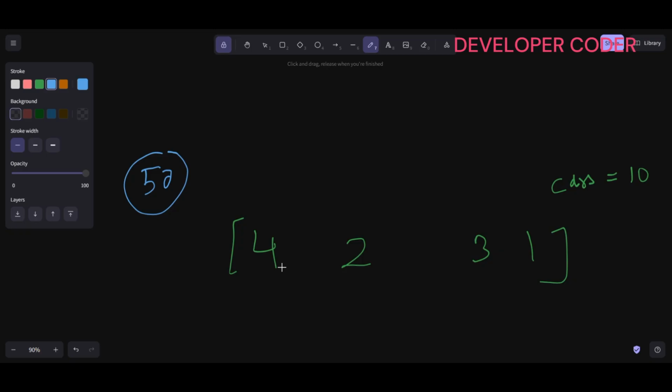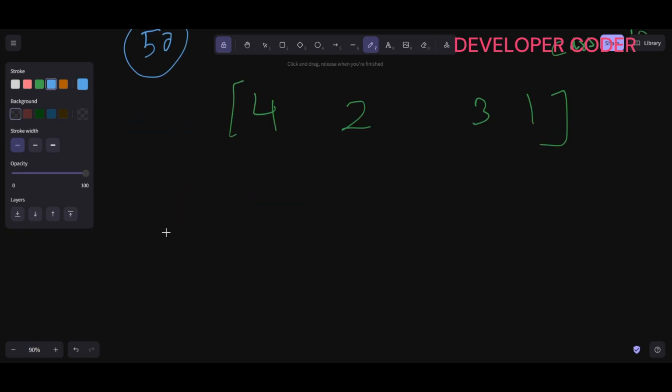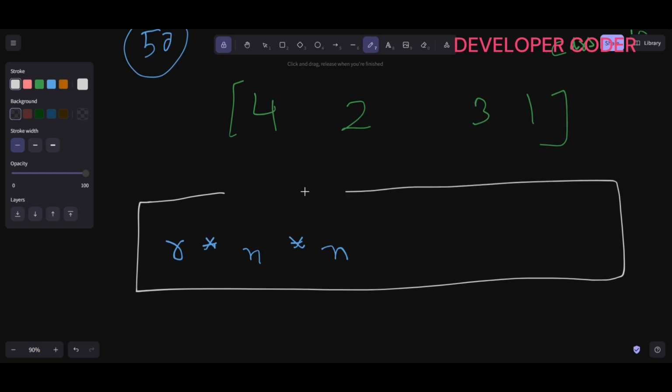Here, a mechanic can repair n cars in r into n square minutes. Understand it carefully, this is the given problem statement.